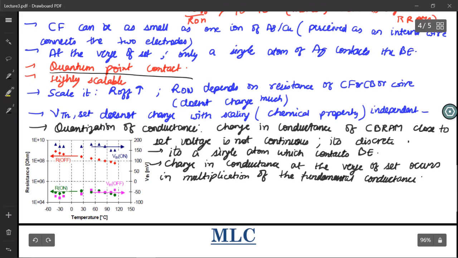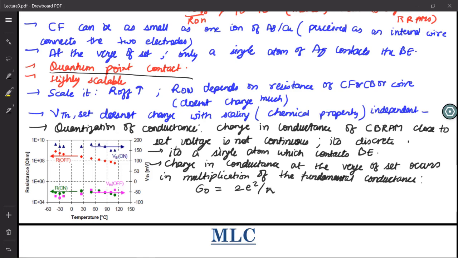And what is that fundamental conductance? That G0 is nothing but 2e square by h. So close to the set, where this kind of device shows quantum point contact, the conductance doesn't change continuously, but it changes discretely in multiples of G0.